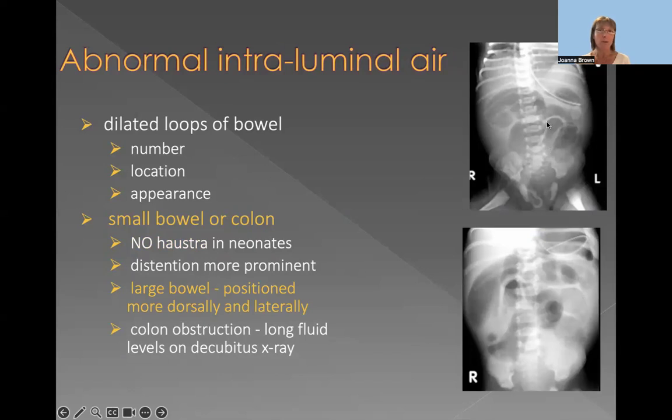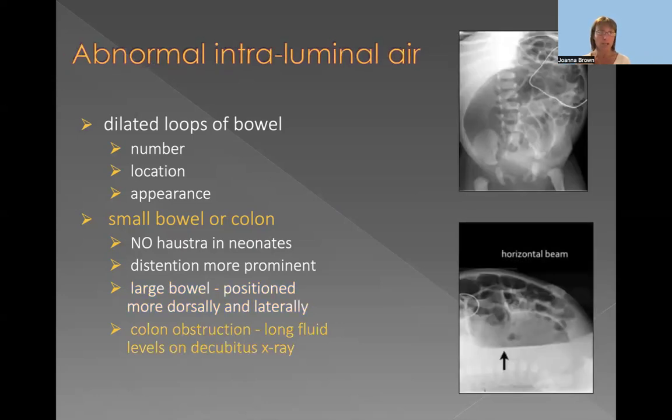So loops that you can see in the central part of the abdomen and pelvis will most likely be due to small bowel obstruction and dilatation. If you see the loops dorsally, or in the lateral parts on the edges of the film, this will be more likely due to colon obstruction.